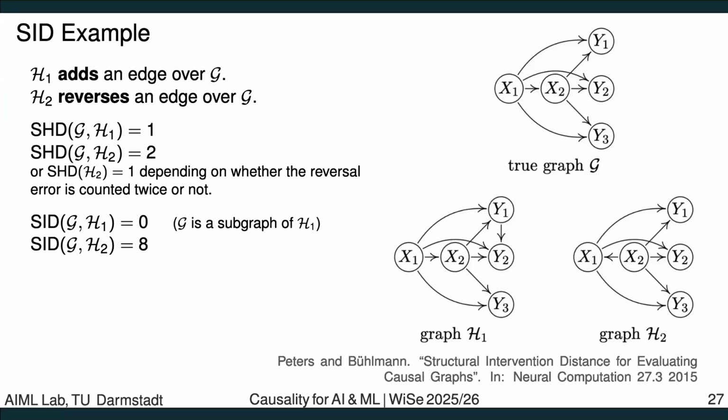And for H2, we see this single edge flip now introduces errors in 8 different queries, because all the parent structures changed, and a lot of conditional independencies got invalidated. So we get a lot of errors if we use this graph.